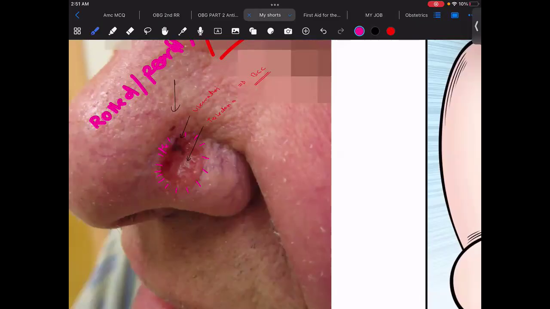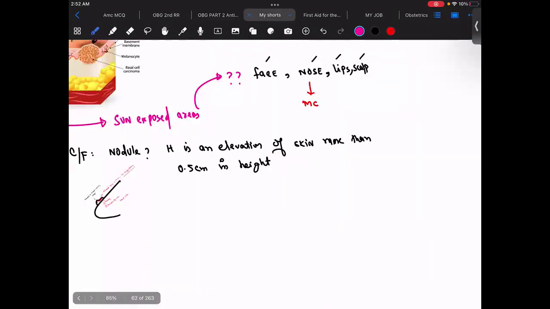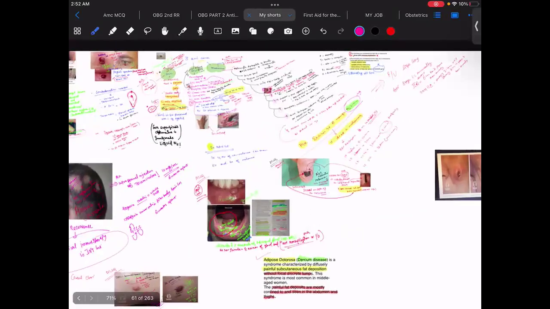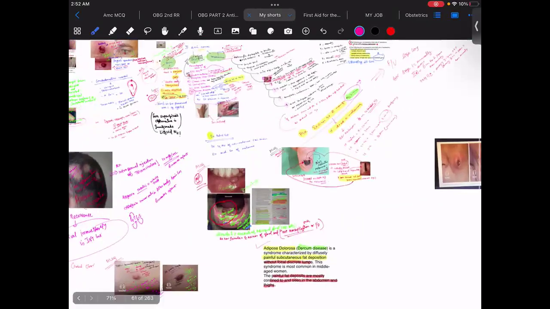I will just measure this, and then I will take the excision, including 3 to 4 mm extended margin. This is the treatment of basal cell carcinoma. I hope this is very clear now in your mind.